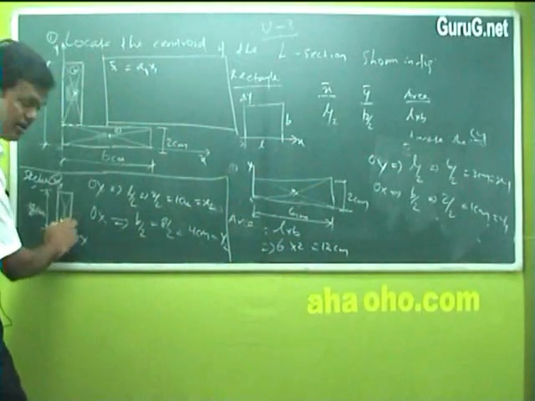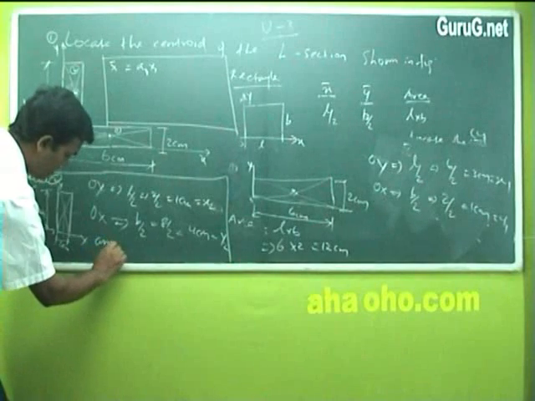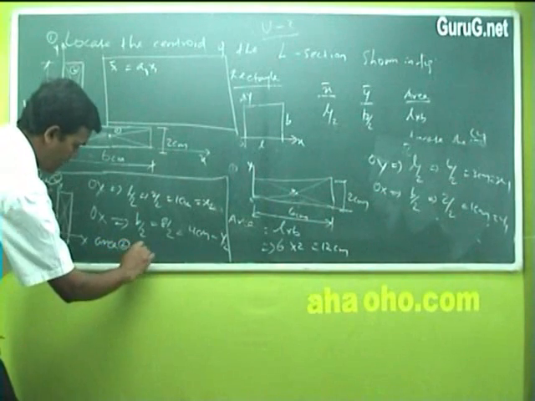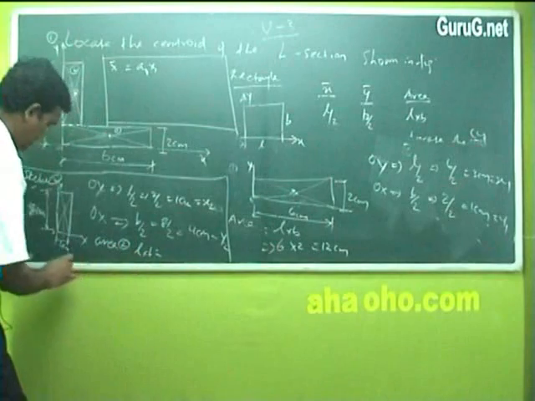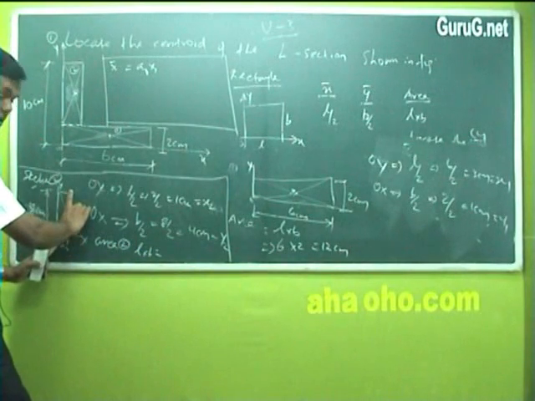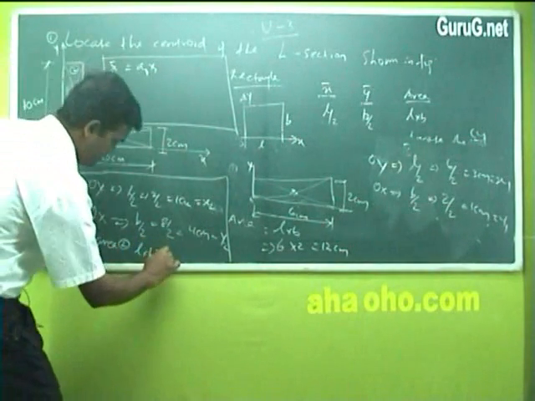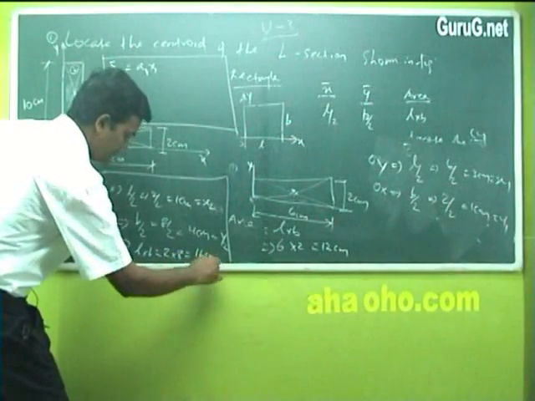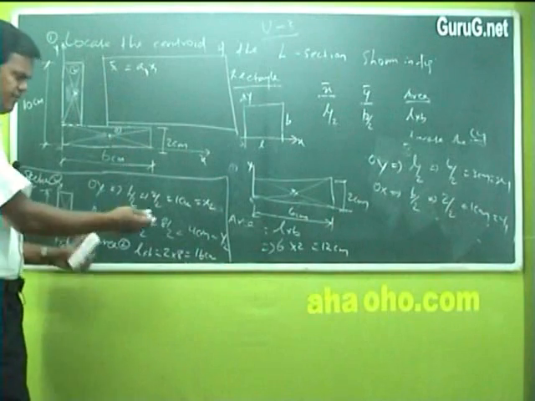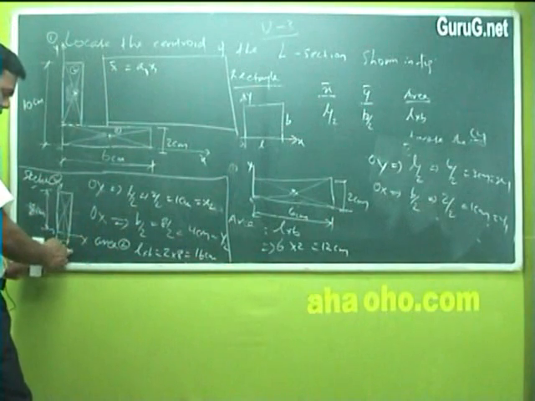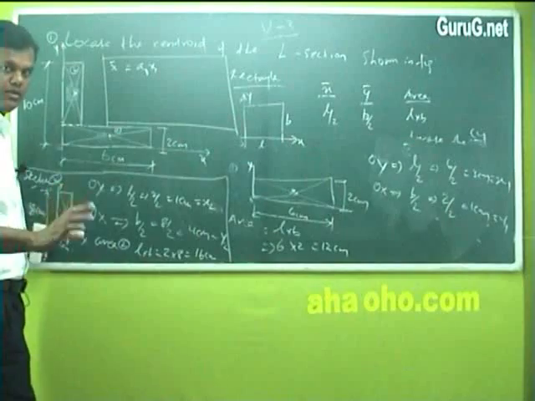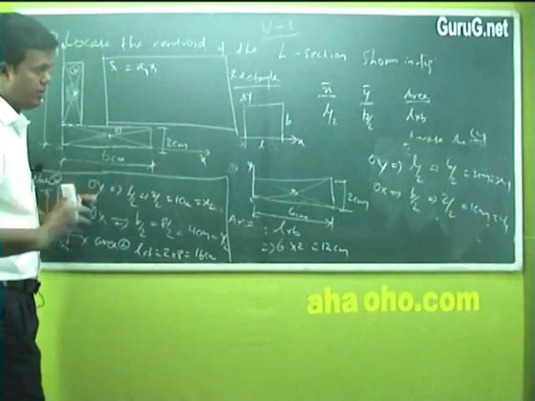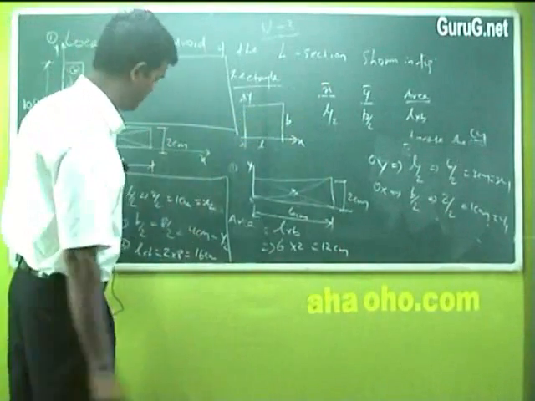Sketch number 2, again area of 2, is L into B. What is L here? 2 centimeter, into B, which is 8 centimeter. It is 2 into 8, 16 centimeter. Is it clear? The formula is the same. Whatever it is, L is this side and B is this side. Though the sketch is bigger or smaller, no doubt, because the formula is this. No change in that. 16 centimeter.